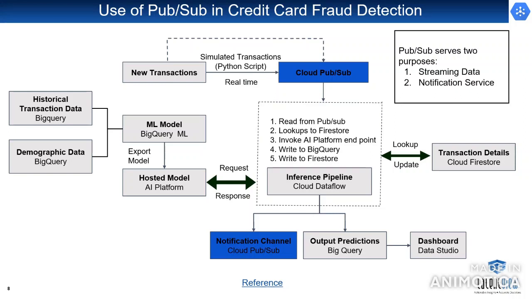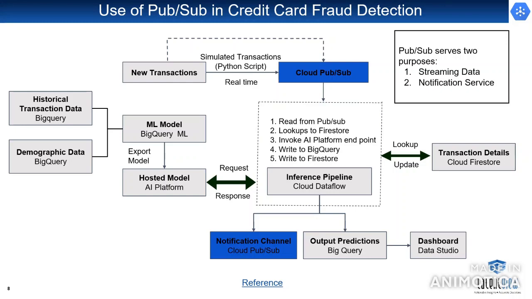So here again, PubSub serves 2 main purposes. One is streaming data on a real-time basis. As and when the transaction happens, PubSub acts as the event ingester, wherein it ingests the data into the Cloud Dataflow pipeline for further ML model prediction and processing. And second, it acts as a notification service.